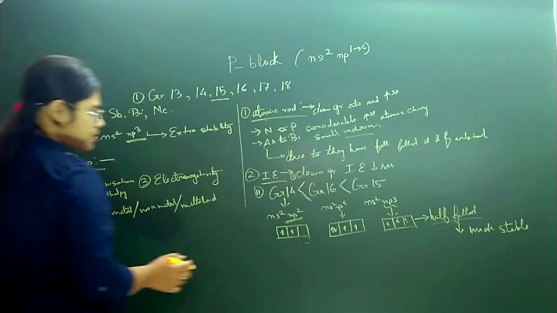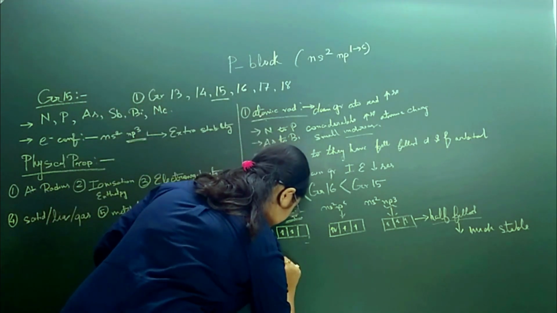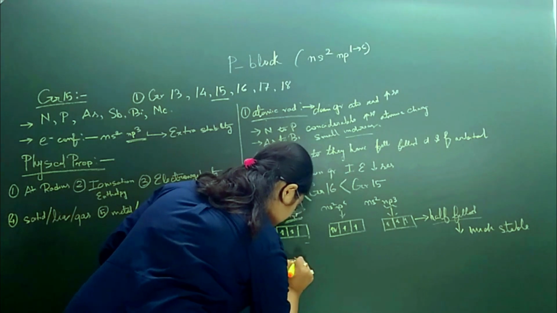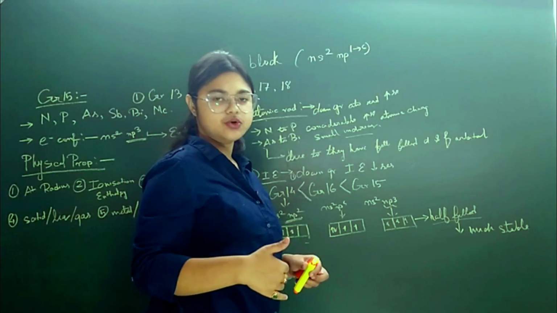Then the third point is electronegativity. Electronegativity generally decreases down the group.